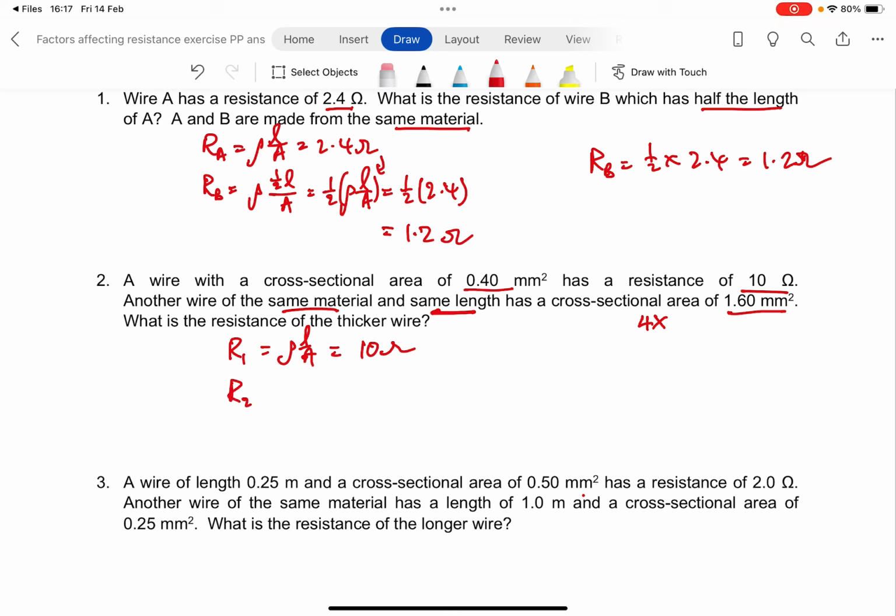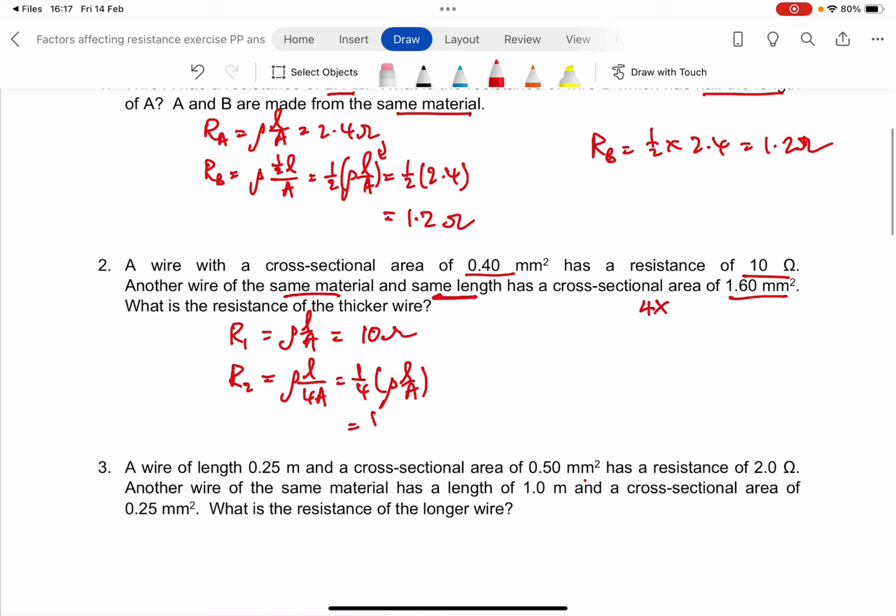So R2 will be, with 4 times the area, rho L over 4A. You take out 1 over 4, so you get 1/4 of 10, which gives you 2.5 ohms.